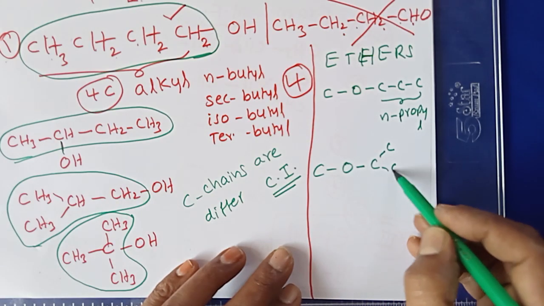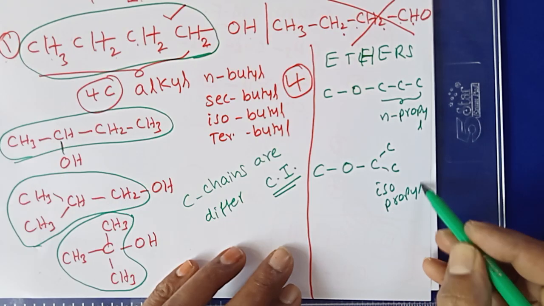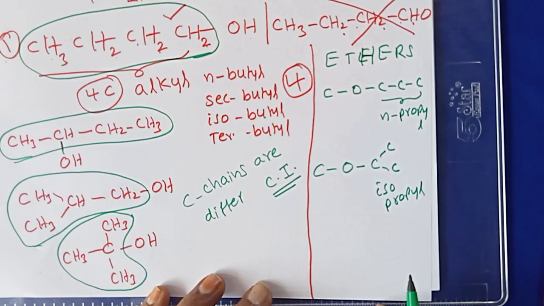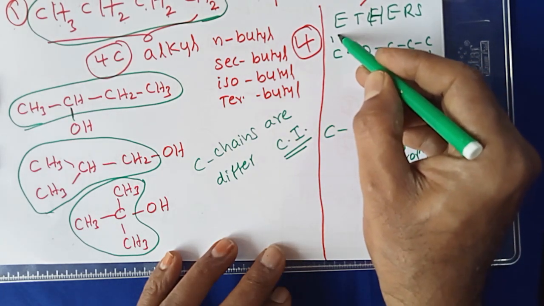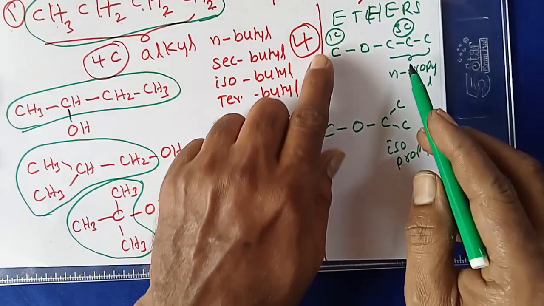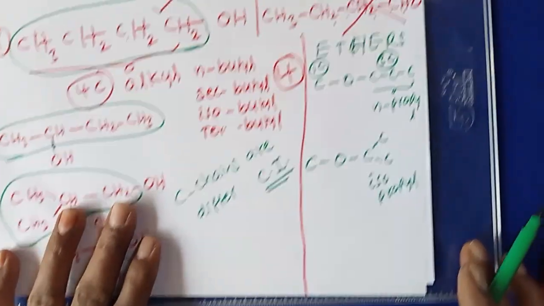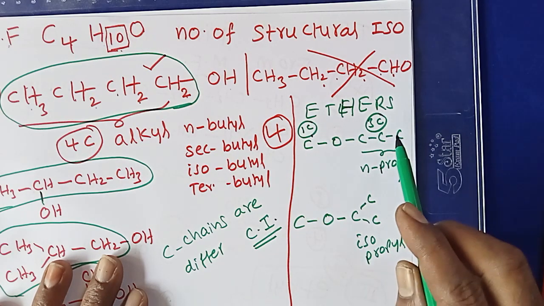So you write down another structure. This is isopropyl. So only 2. That's all. Next, this is the ratio of what? 1 carbon left side, 3 carbons right side, only 2 isomers.